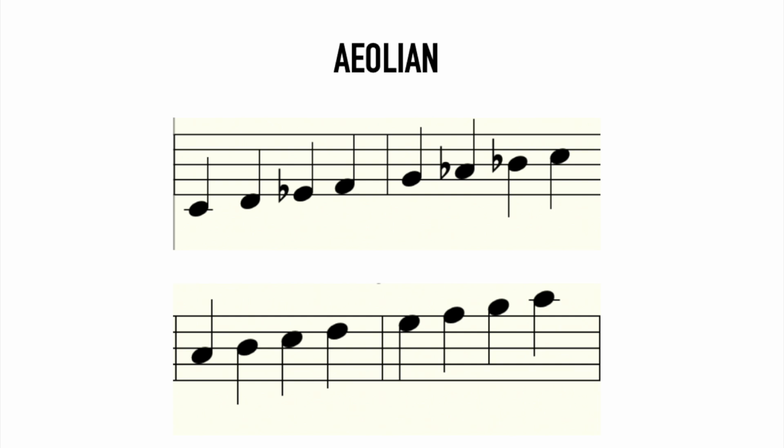We could think of it as a flatted 3rd, flatted 6th, and flatted 7th degree, or we could think start on the 6th degree and use the same notes as your major scale. So first, we're going to play C Aeolian. And here's A Aeolian.